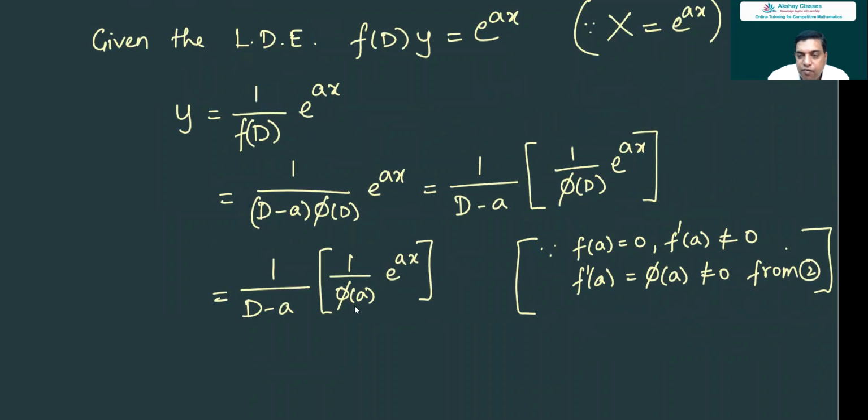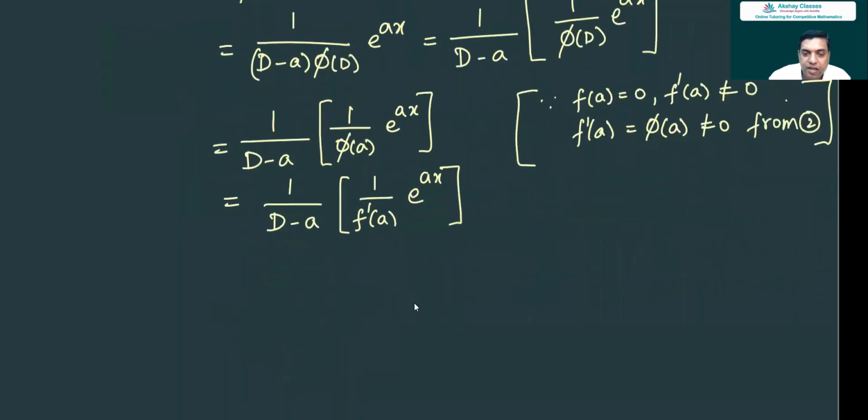And phi of a is a constant. And what is that? Phi of a is equal to f dash a. And that's a constant. So this becomes 1 by d minus a. I have to replace this by f because that is the original one. We don't know what is this phi of a.